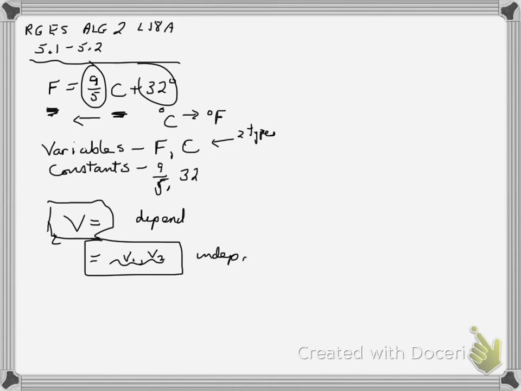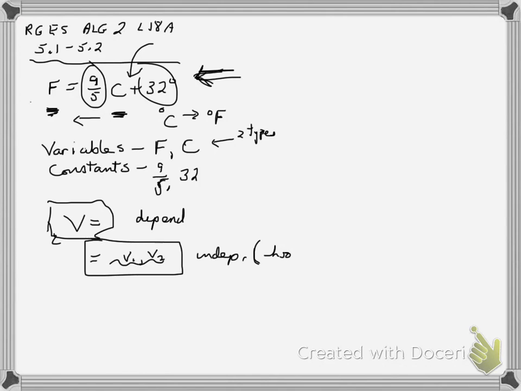Why? Well, go back and look at my formula up here. I get to choose the values for C, and I calculate the value for F. So the ones I get to choose are my independent variables.